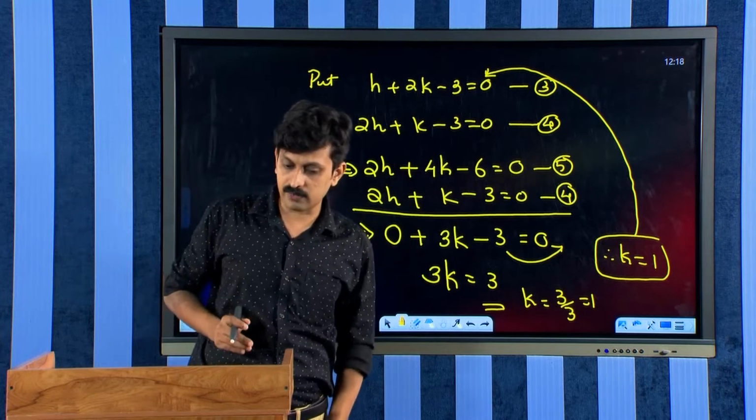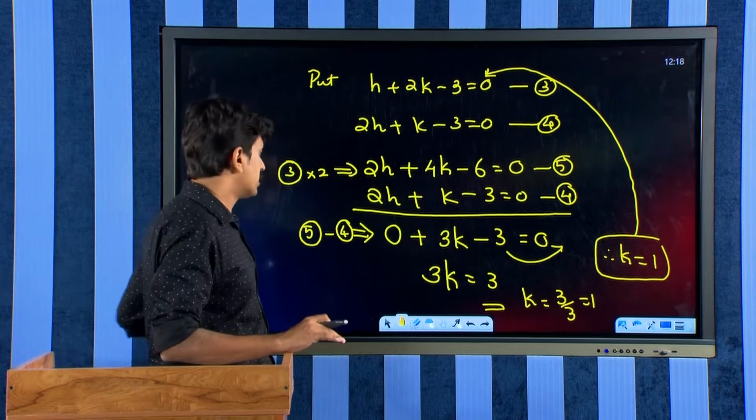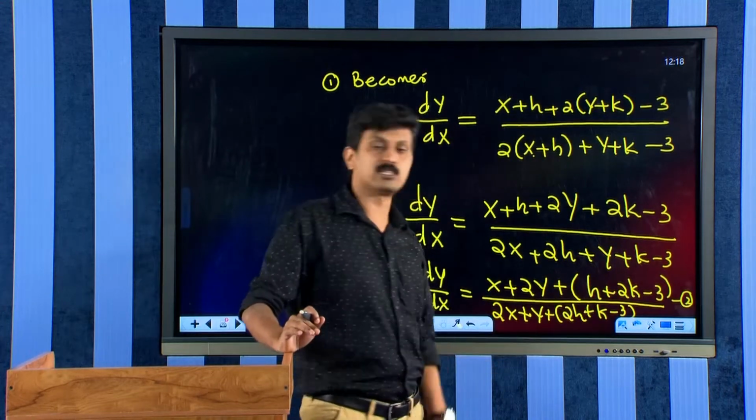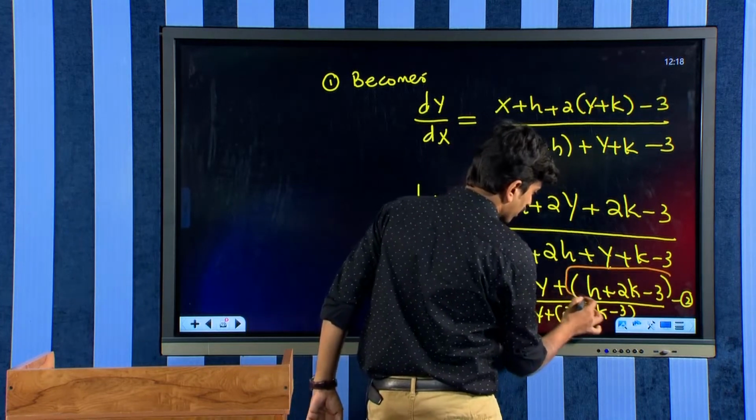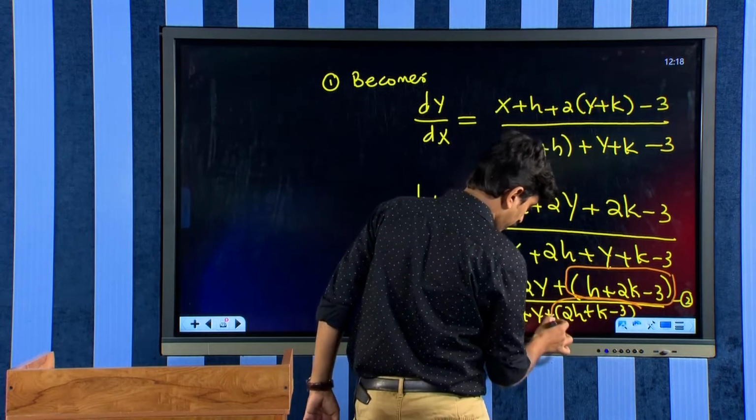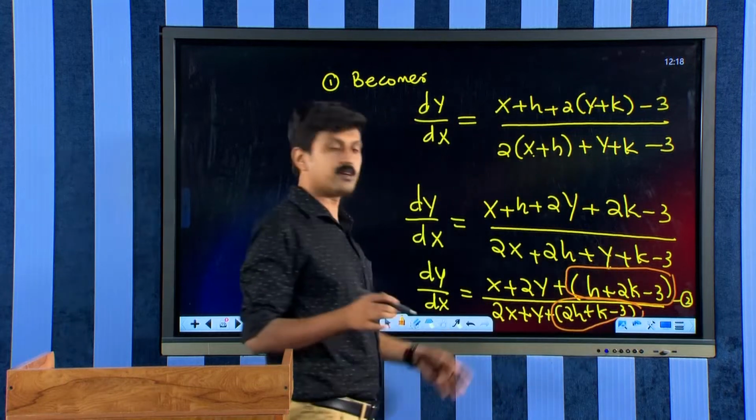So, whenever h is equal to 1, k is equal to 1, this is equal to 0 and this is equal to 0. These both values are zeros.